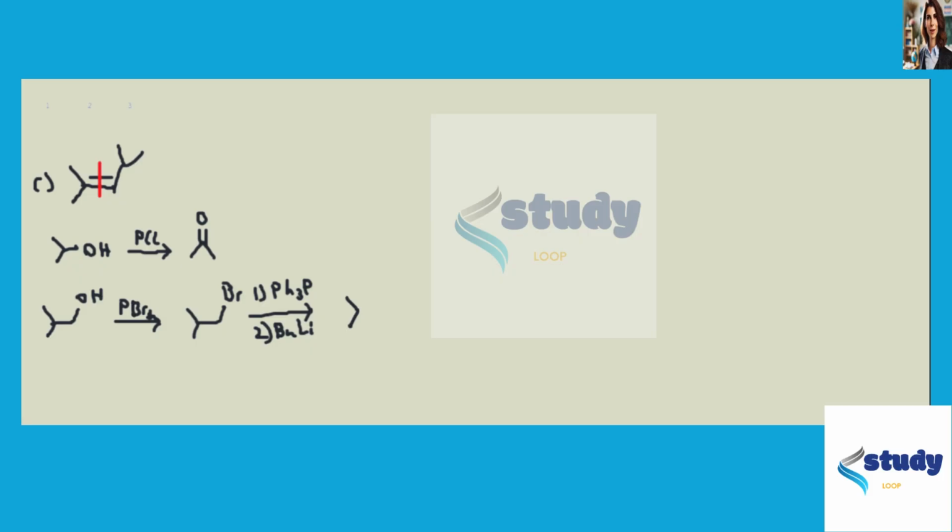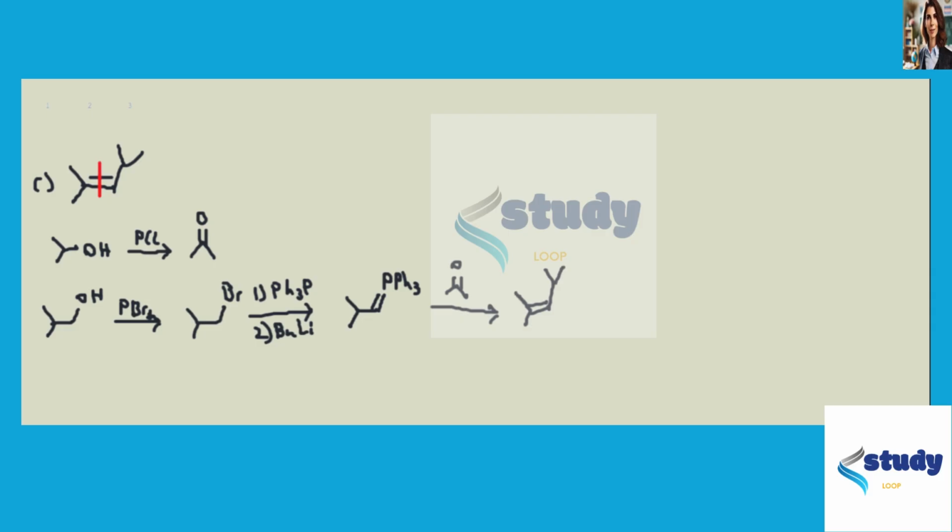It's going to get us to our Wittig here. Then if we take that and combine it with the acetone that we made above, that's going to get us to our desired product. And that's the answer to C.